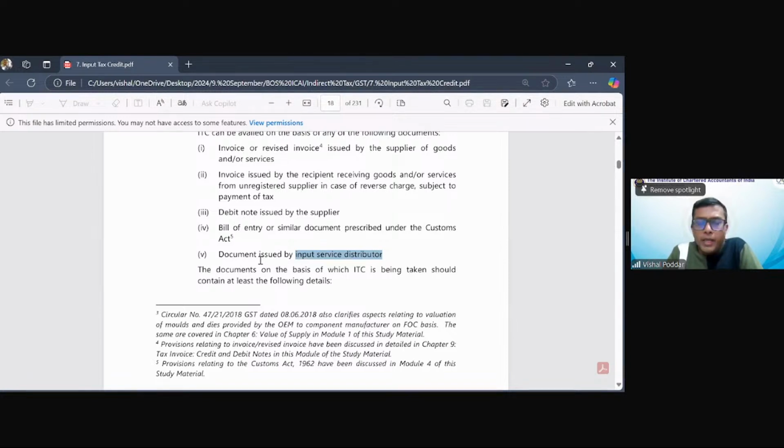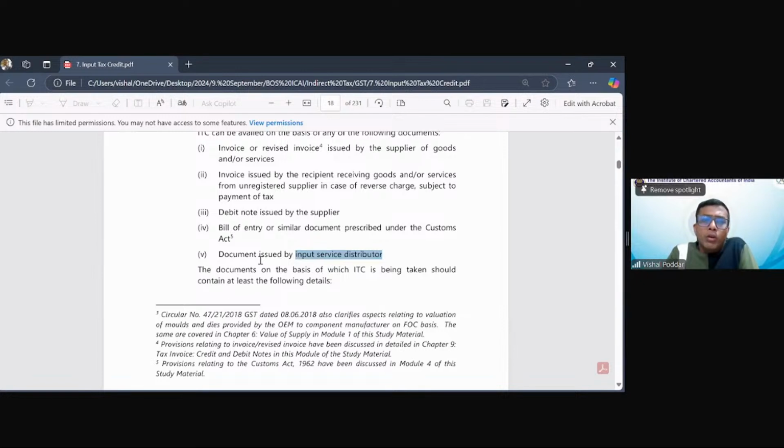So now let us say I have my 6 factories for which I have taken 6 registrations as required by the excise law. And I have one office, which is the common office, which is managing all these factories. Many times it happens that I will have one corporate office. Like today, you see all these big business groups, they have one corporate office, which is either located in Bangalore or in Delhi or in Mumbai.